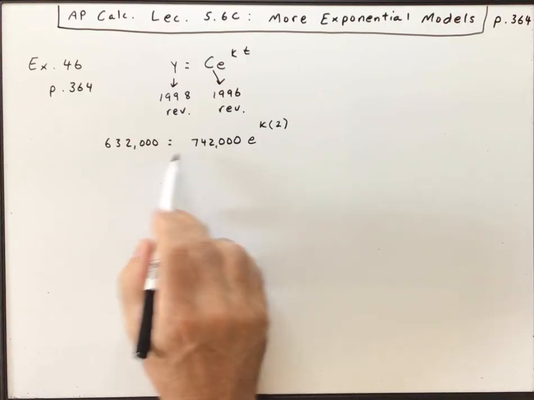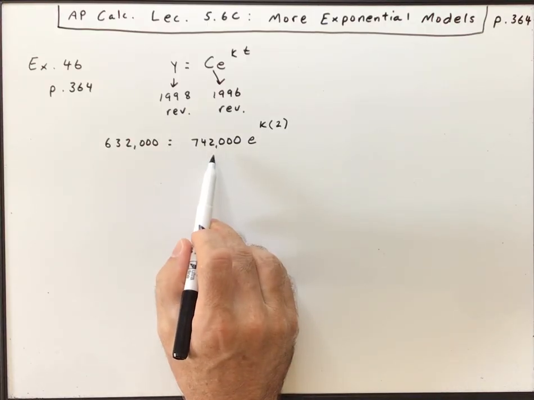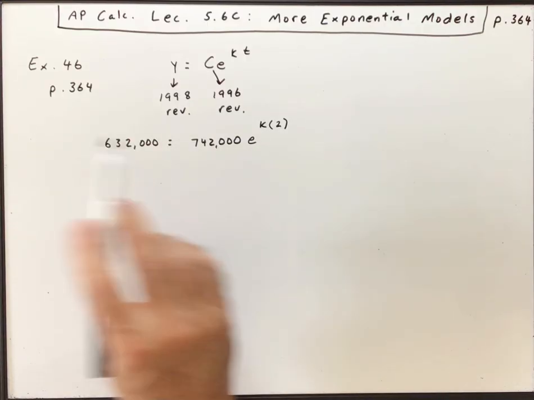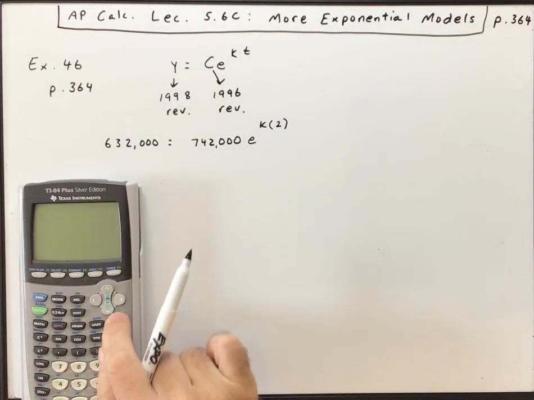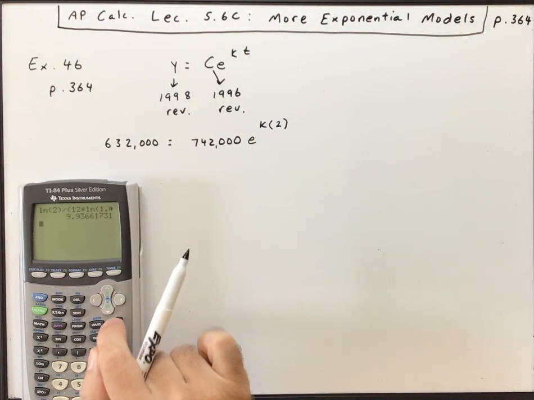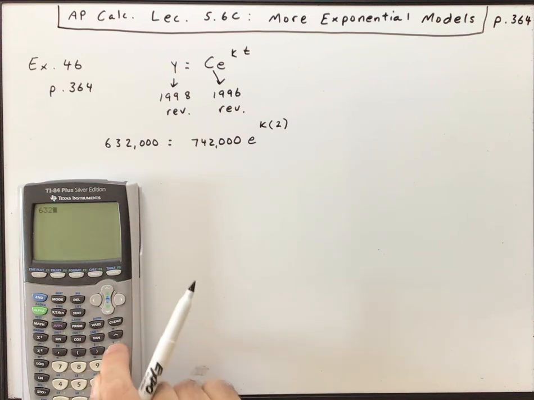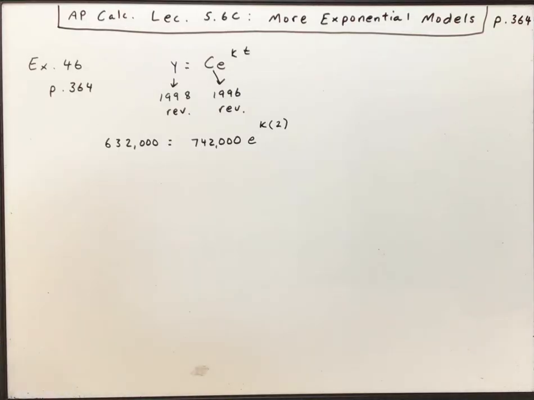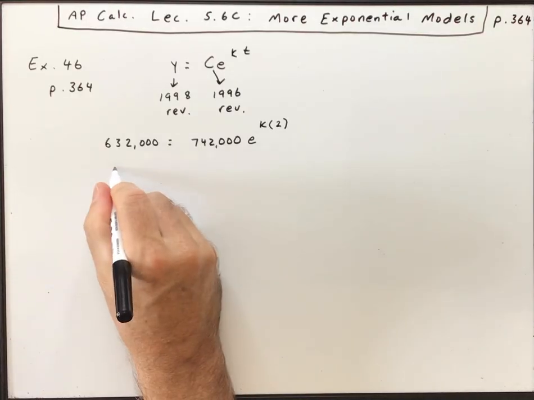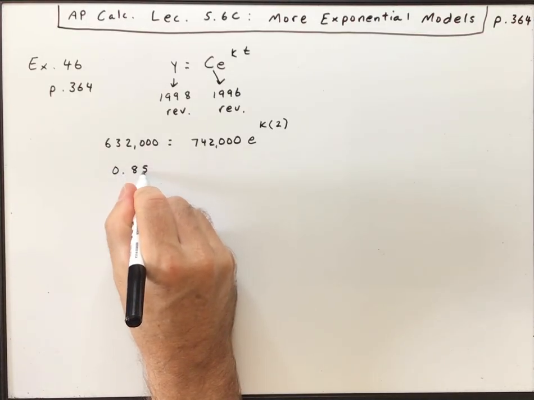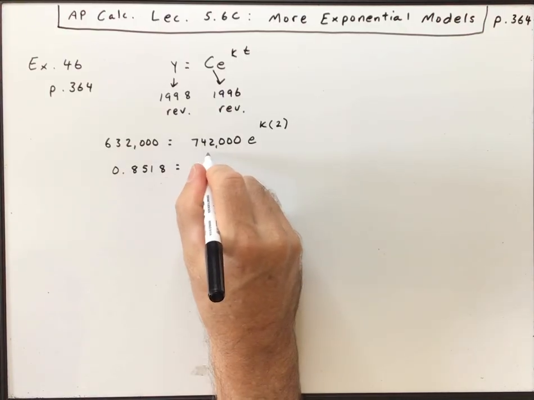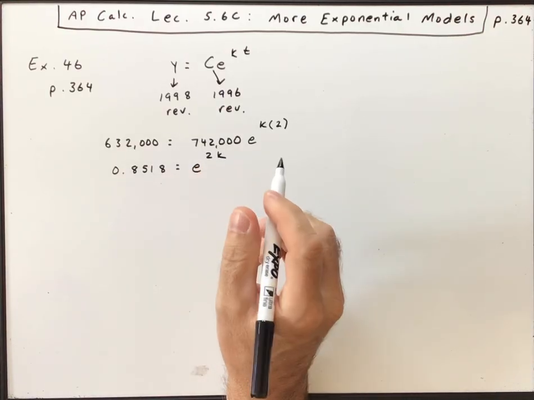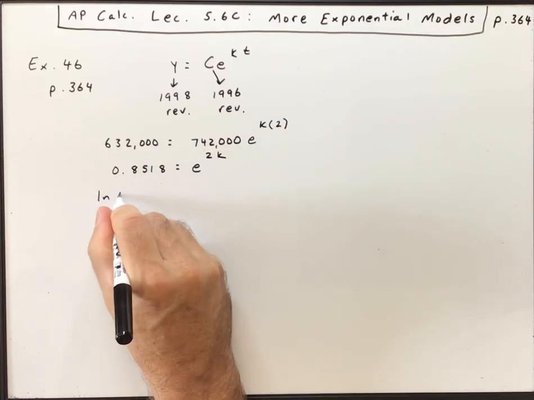If we divide both sides by 742,000, let's do that here real quick. 632 divided by 742 is 0.8518, which is equal to e to the 2k. So let's take the natural log of both sides.